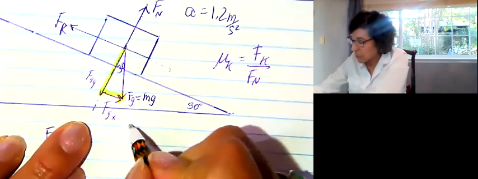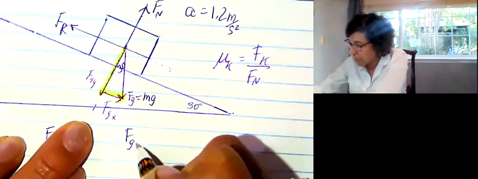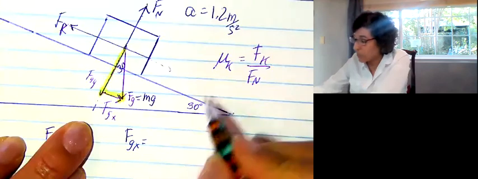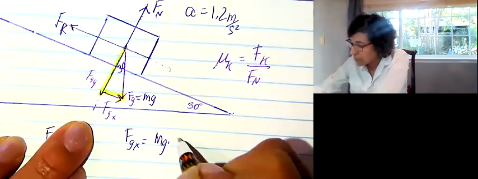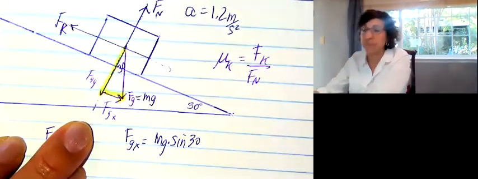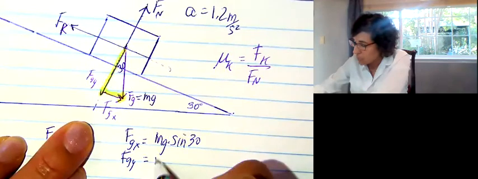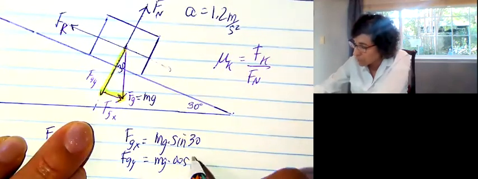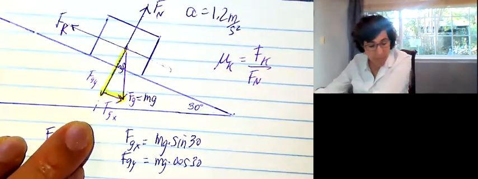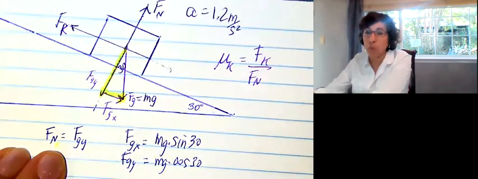So I better write that down for you. F sub g in the x direction I saw as the sine one. So that one's mg times the sine of 30. And the other one is the adjacent one. F sub g y is mg times the cosine of 30.